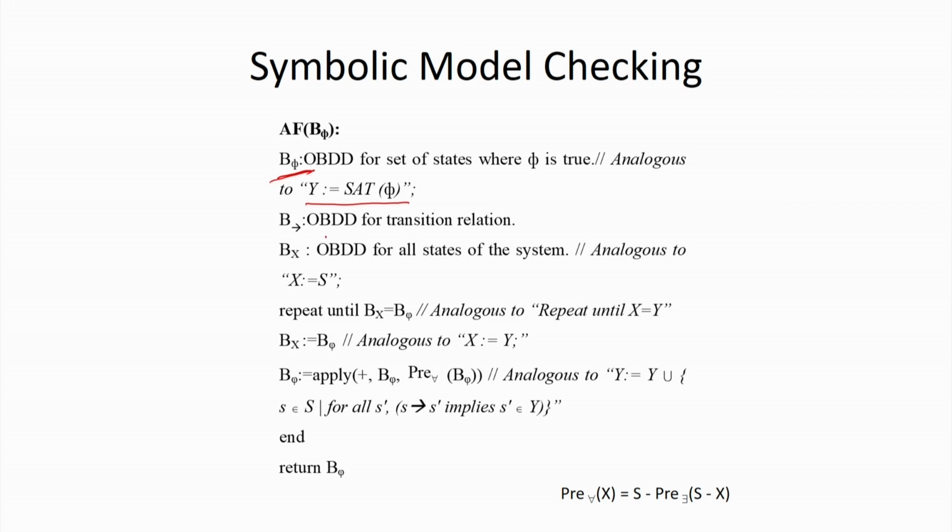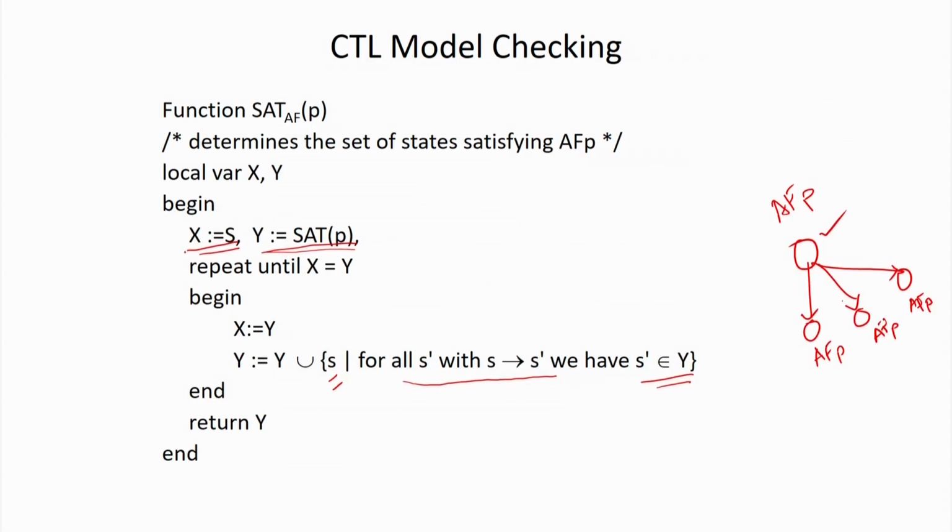B arrow is the OBDD representation of the transition relation, and Bx is the BDD representation of all states of the system. So, one is your transition relation and Bx is all the states. This is the BDD representation. This is analogous to your x equal to S. So, these are the three things I am having: x equal to S and y equal to the set of P.